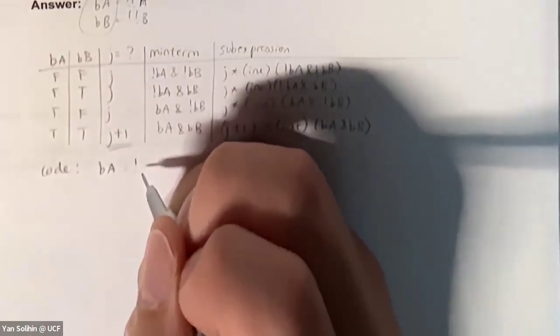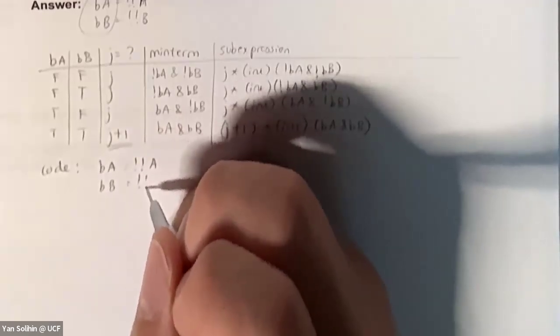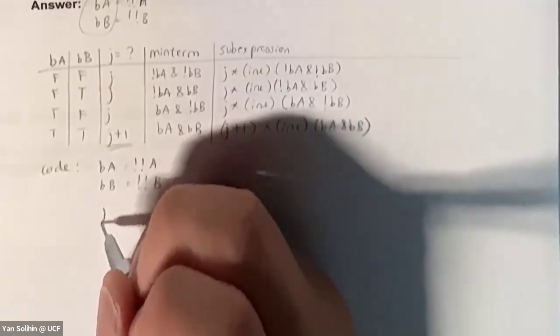The resulting code, right? It will be BA equals not A, BB equals not B, and then the expression.